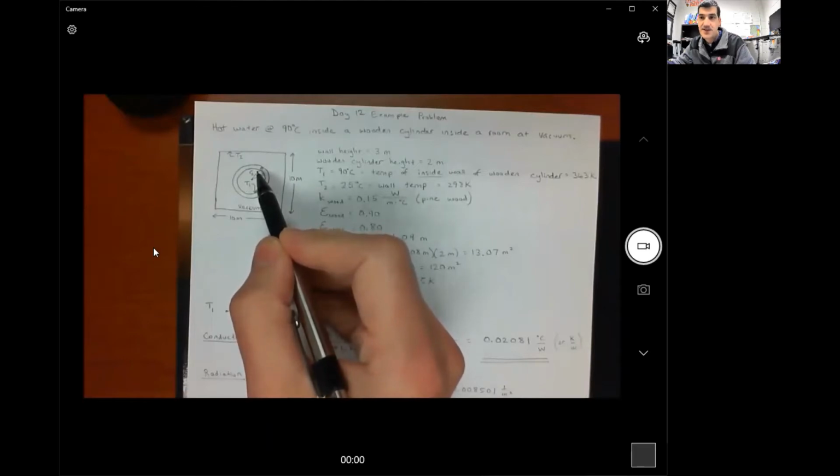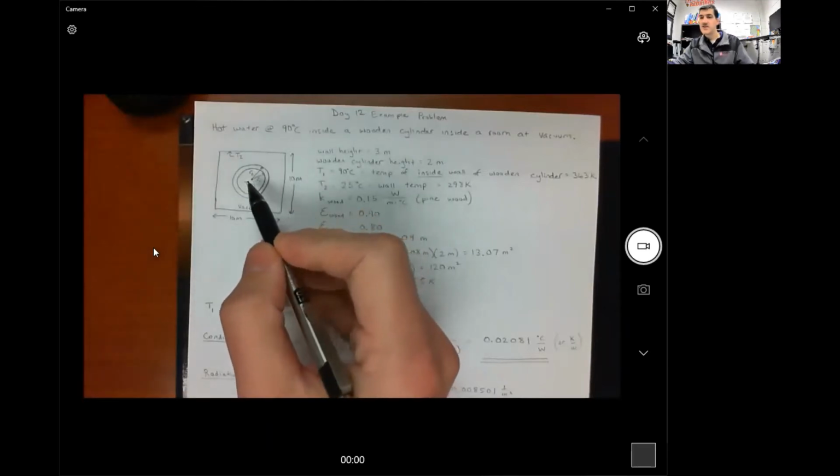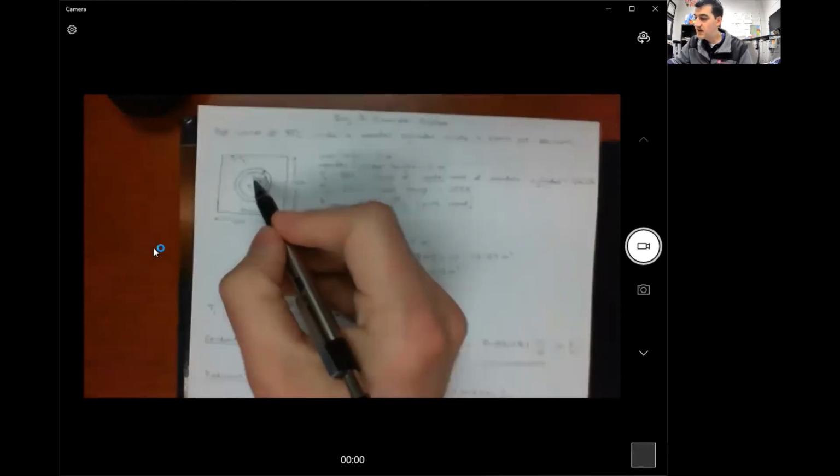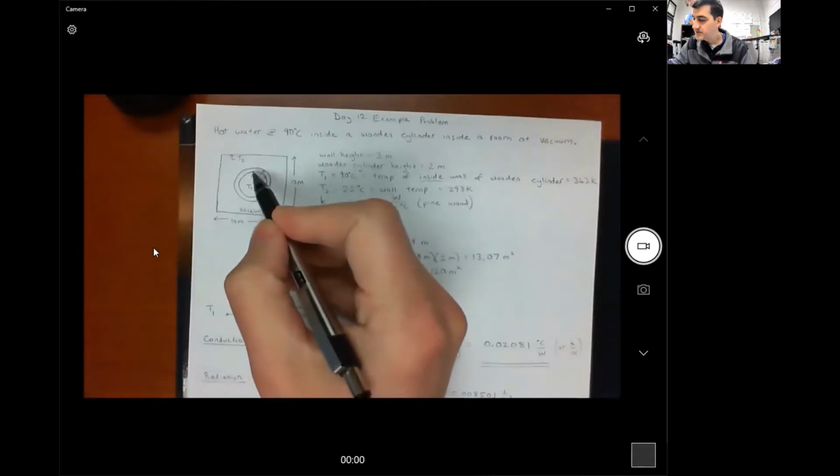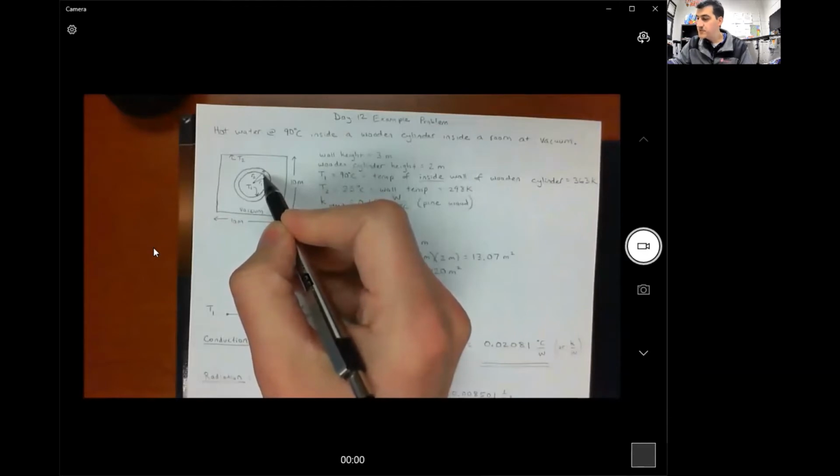That's convection. So really you'd have, if this was a little bit more realistic, the hot fluid, and we'd have convection from the hot fluid to the inside wall of the barrel. Then through the wall of the barrel, we'd have conduction.